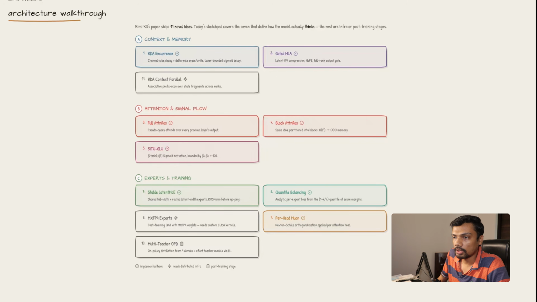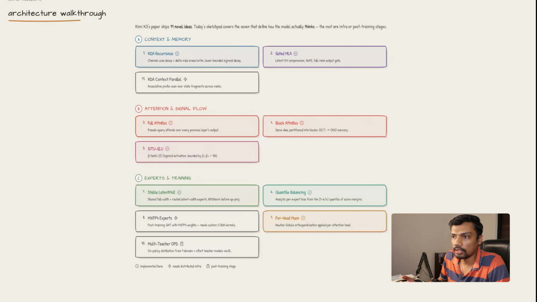If you see here, the Kimi K3 paper introduces 11 novel contributions, and this sketchpad groups them the way I think about them, along the same three dimensions I'm about to introduce. Group A is context and memory, and it has KDA recurrence, gated MLA, and KDA context parallel. We will understand these, don't worry about that.